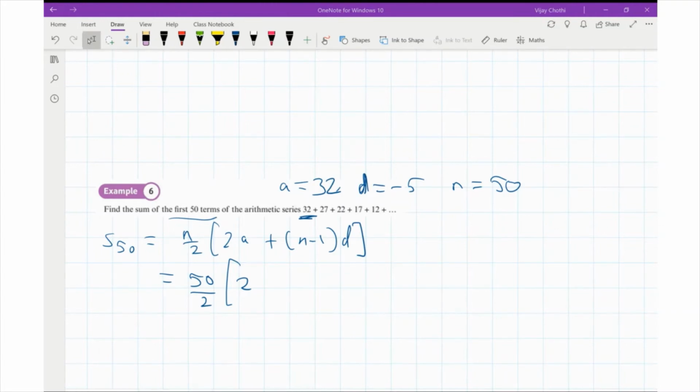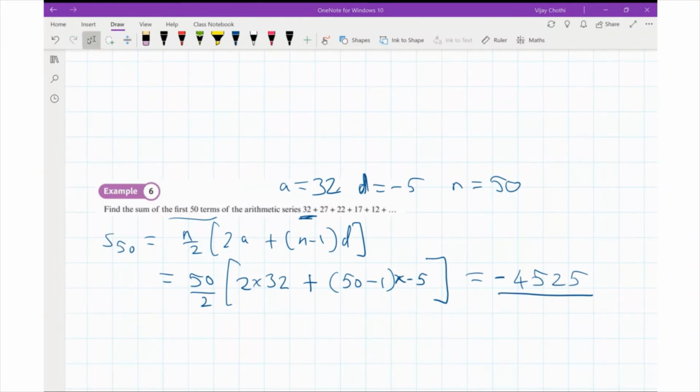So a is 32, d is minus 5, so it's going to be 2 times 32 plus n terms, n is 50, so you need to substitute 50 into here, multiplied by minus 5. It's going down by 5 each time. So that calculation will give you the sum of the first 50 terms of that series. It's going down, so eventually it becomes negative. Eventually it will become very negative. 4525 is the sum of that series.